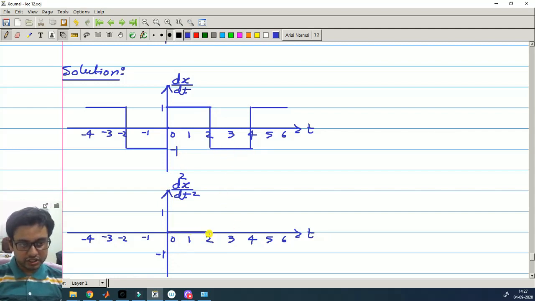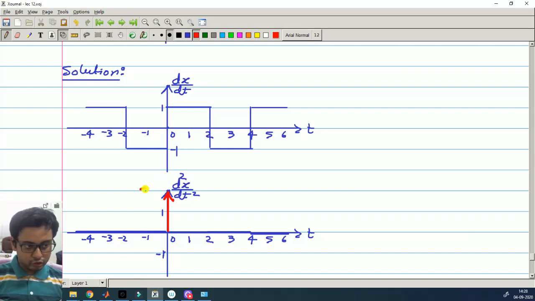Here again constant, derivative 0, again 0 here. It is 0 almost everywhere except at this point of jumps or discontinuities. Now at this point there is a step jump, positive jump from -1 to +1. So the derivative will be a delta function like this.